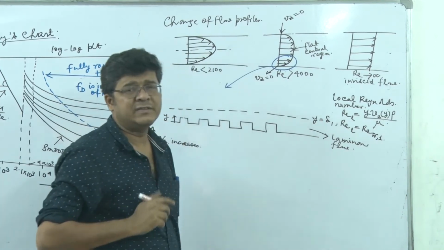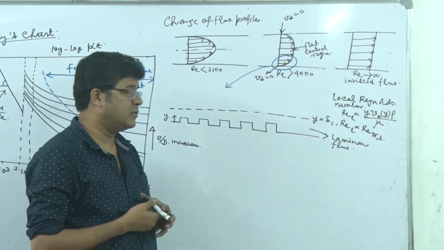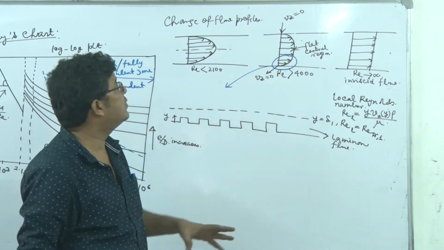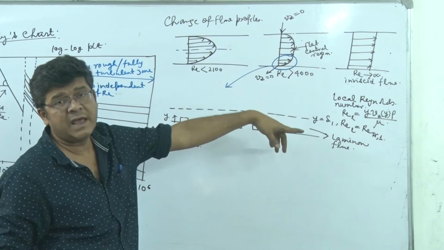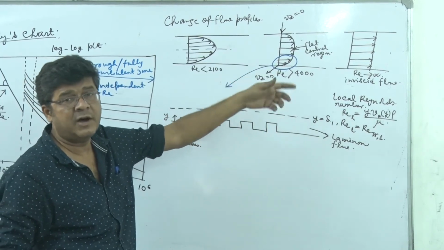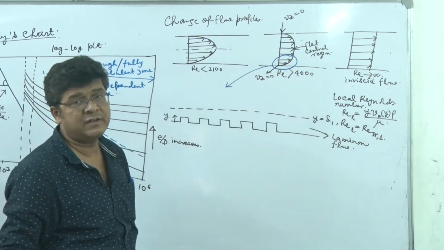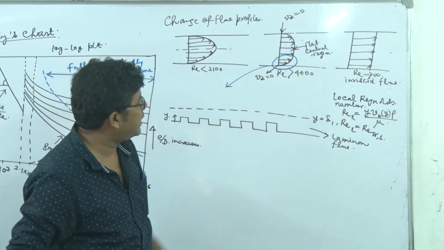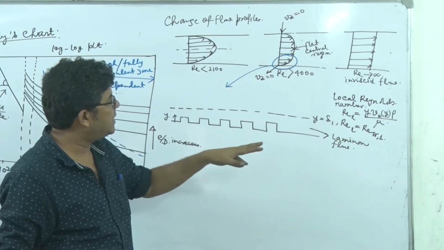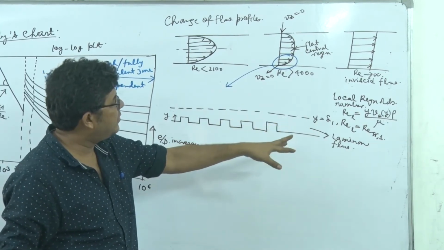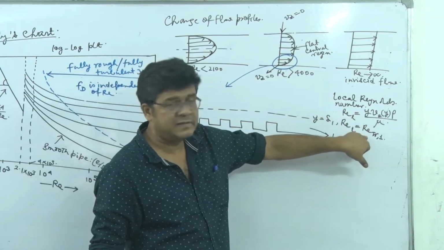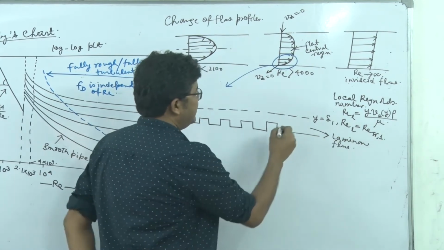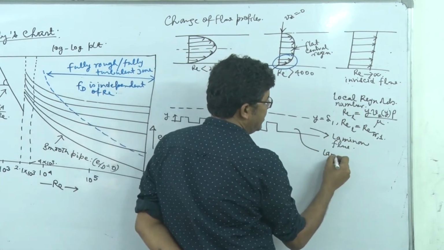In the handout it has been wrongly mentioned as 2100. Definitely the threshold value here will not be 2100, because 2100 is the value for the entire pipe where I defined the Reynolds number as d V bar rho by mu. Here the definition is different. So at delta 1, this local Reynolds number is equal to the first critical value, and this layer is called the laminar sublayer.